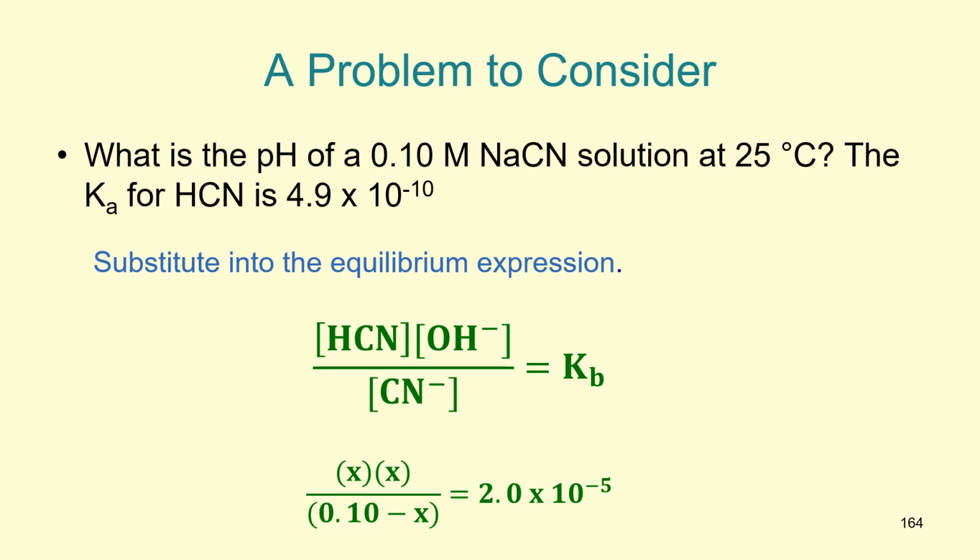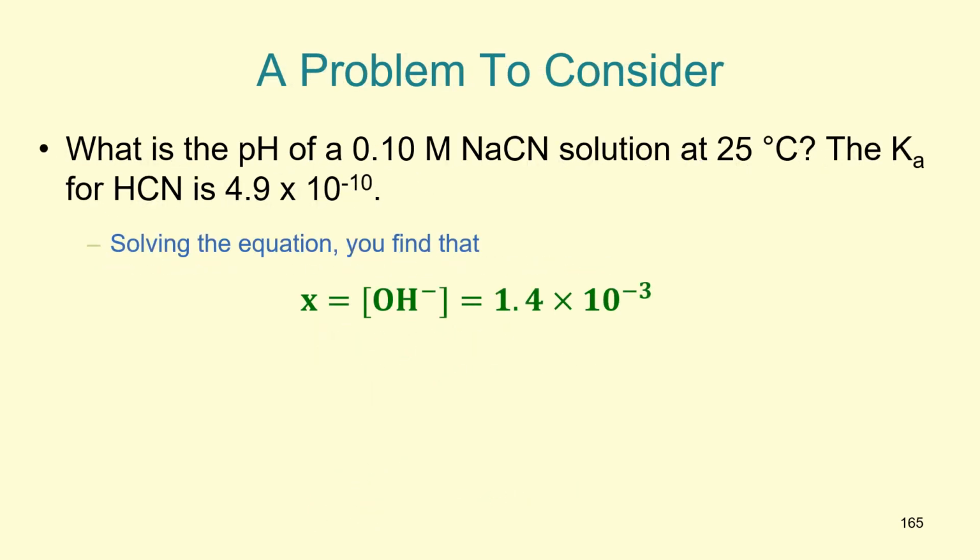We can do the same kind of evaluation, the concentration over Kb, to check if it's greater. I didn't do all the math here for you, but we are able to ignore x compared to the 0.1 molar, so we can solve for x by taking the square root of both sides, and we get 1.4 times 10 to the minus 3.